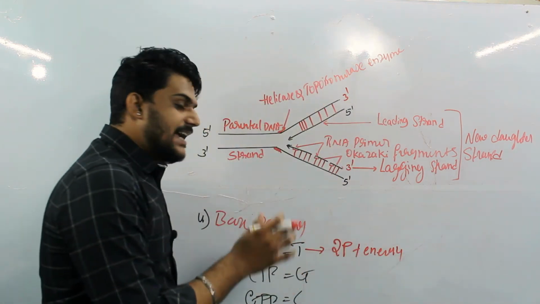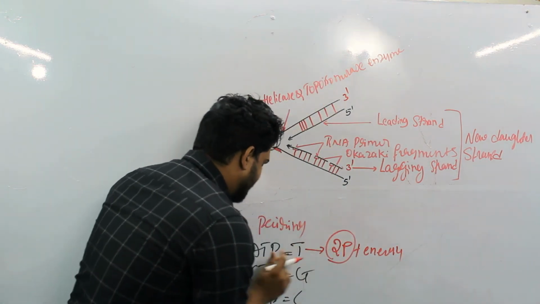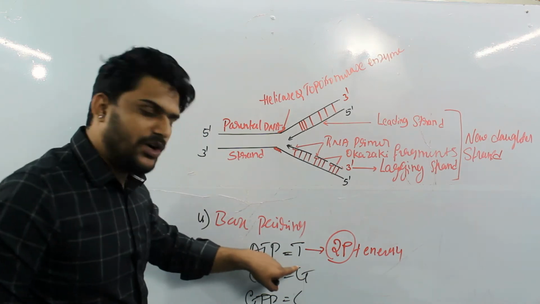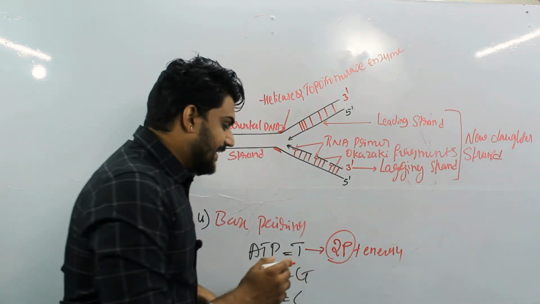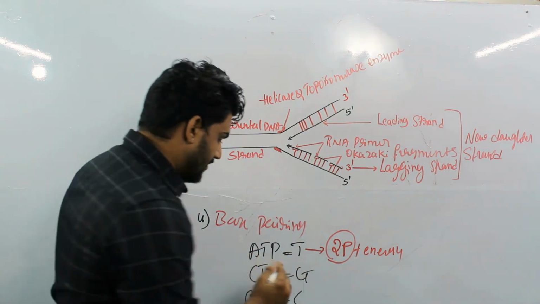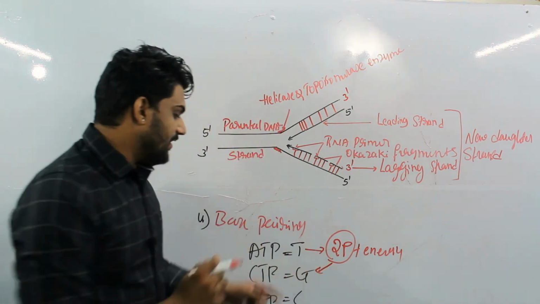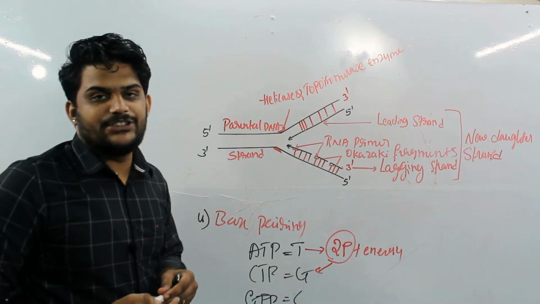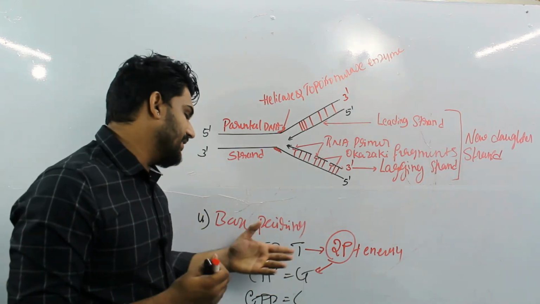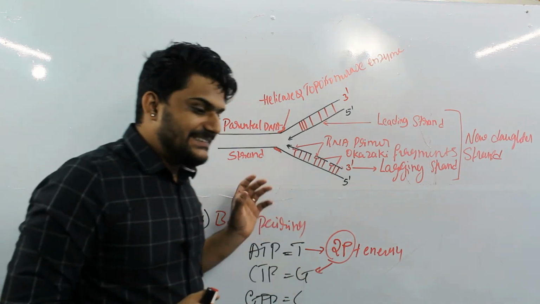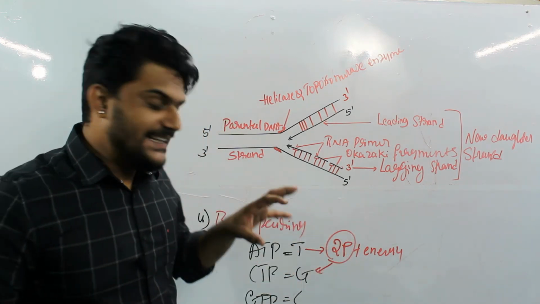This 2-phosphate released from the triphosphate, which is converted into monophosphate, is used in the formation of hydrogen bonds between the two nucleotides, and this is how base pairing takes place.